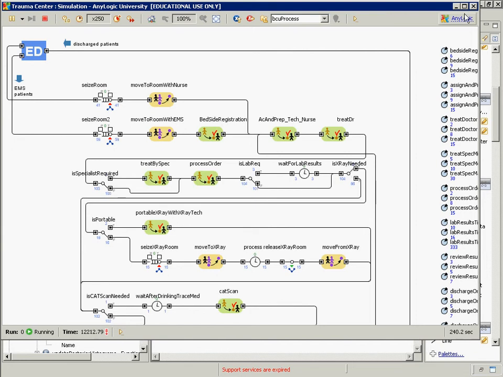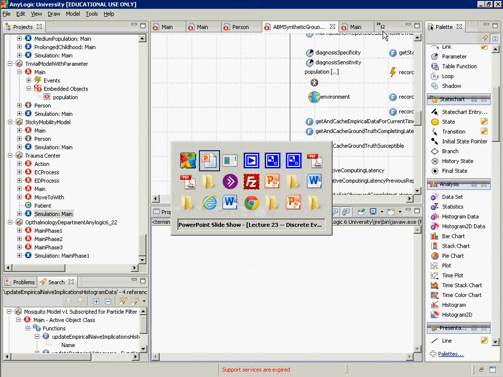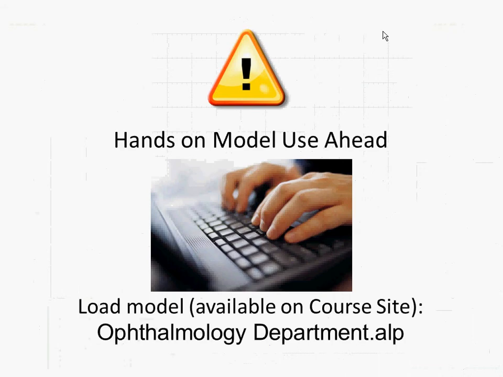Motivated by that, and having seen that glimpse, I'd like to suggest that we load in a simpler model. And I put this model up on Moodle, on the Moodle site for the class, and I'd like to suggest that you think about downloading it in the coming minutes, because it will illustrate things in a more easily digested fashion.